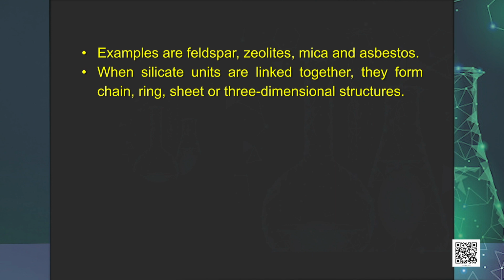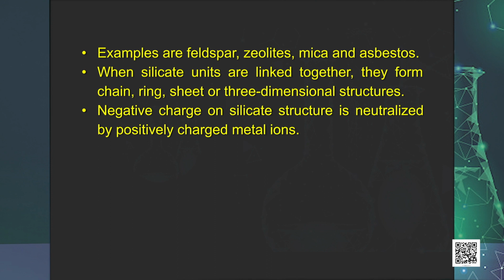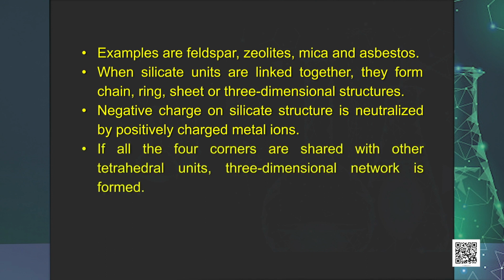When silicate units are linked together, they form chain, ring, sheet or 3-dimensional structures. Negative charge on silicate structure is neutralized by positively charged metal ions. If all the 4 corners are shared with other tetrahedral units, 3-dimensional network is formed.